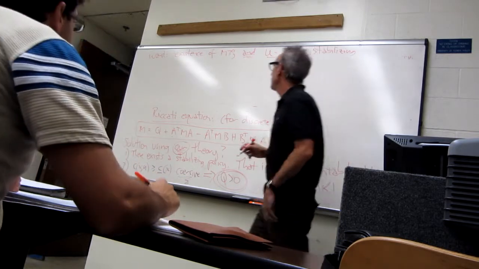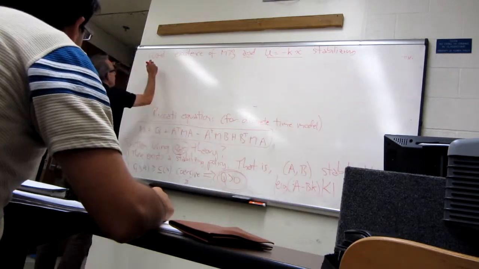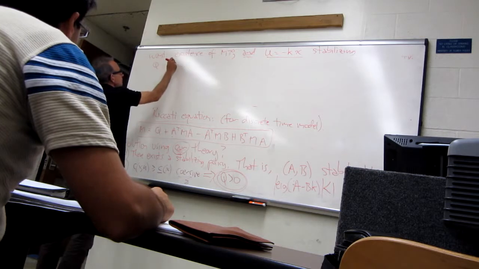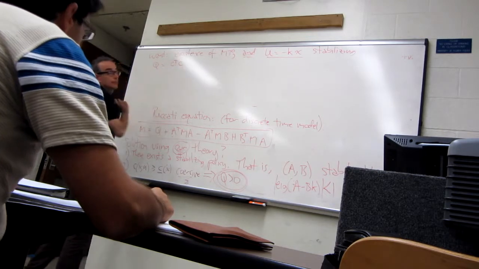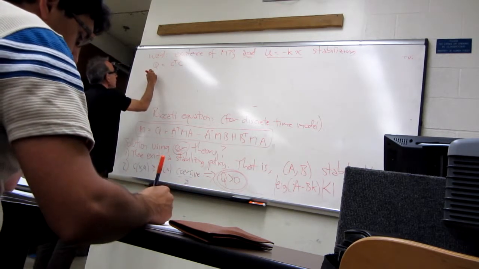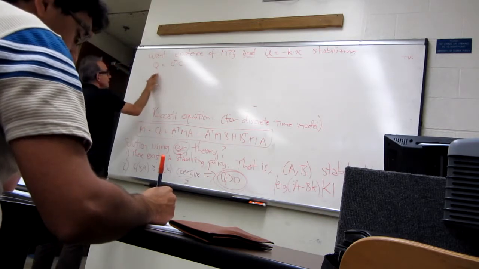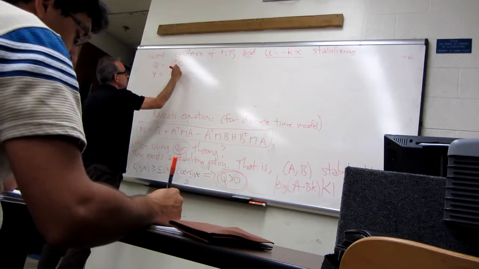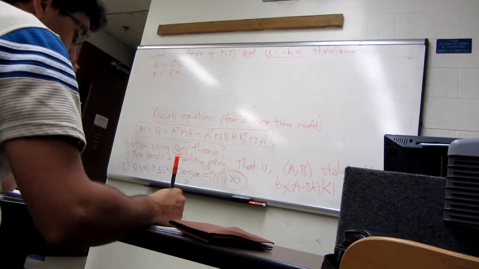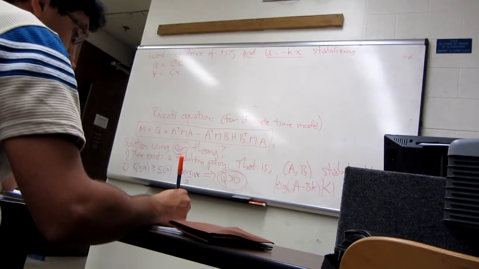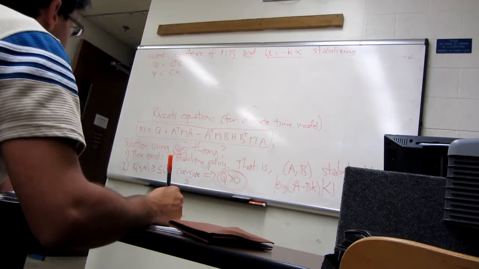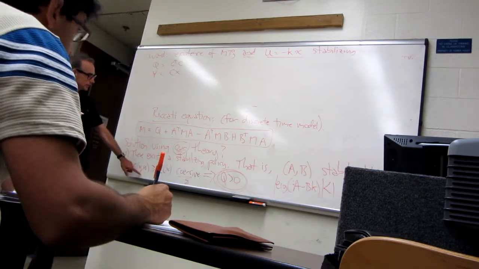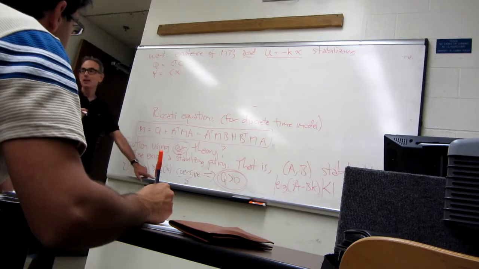Well, if that's the case, and remember I said that Q could be factored, and I said, let's let y be equal to Cx. The idea is I definitely want my cost to not be too small.